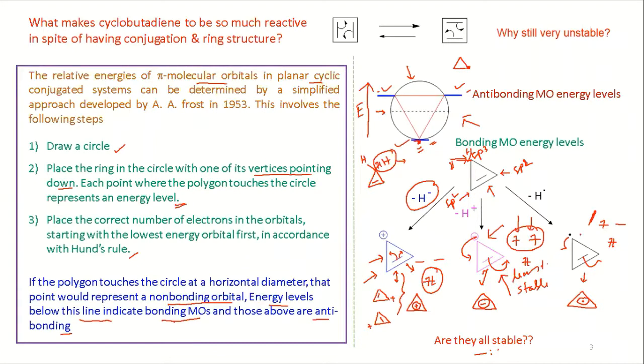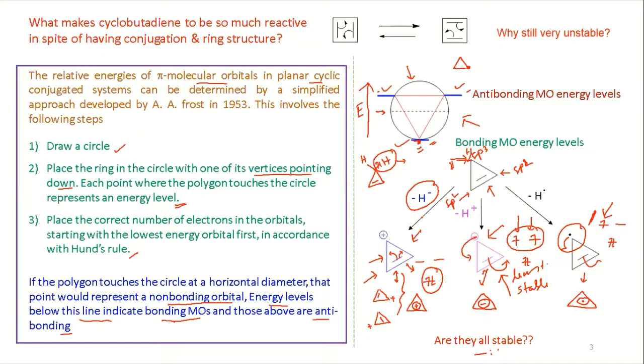Got the point? And here also you are placing one electron in the anti-bonding, and that is also unpaired, so that is also very, very unstable. So among these, you can see that the carbocation is the most stable form, whereas the carbanion and the radicals are very, very unstable, because the electron is getting populated in the anti-bonding energy levels.